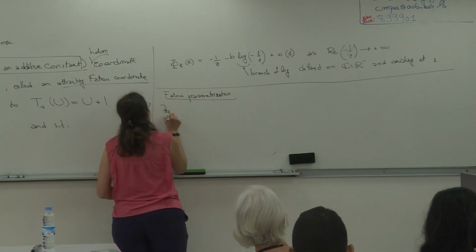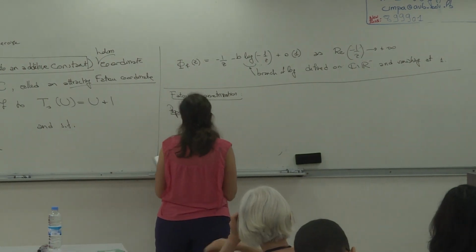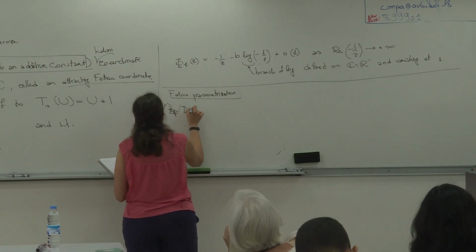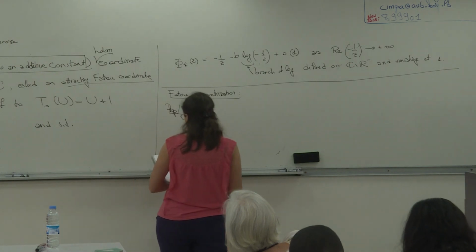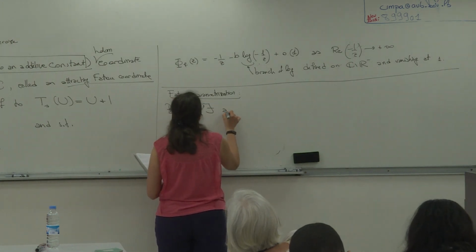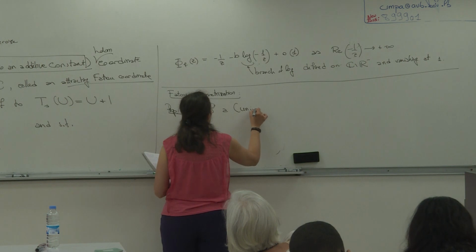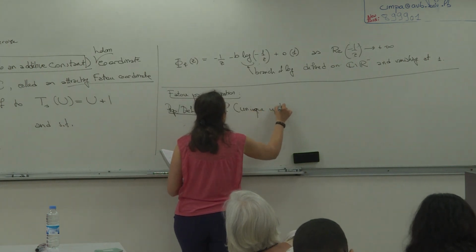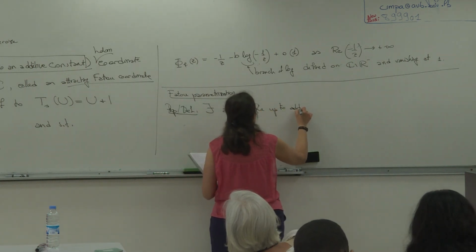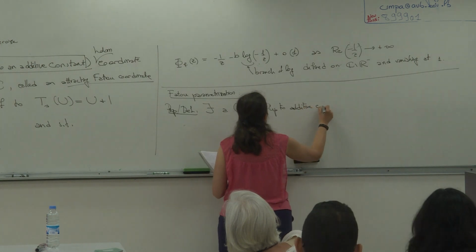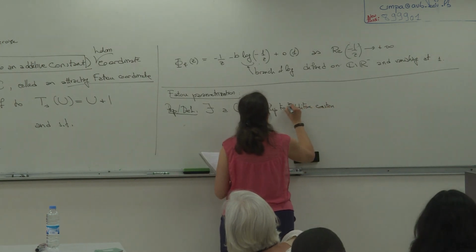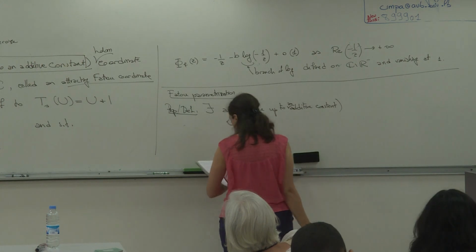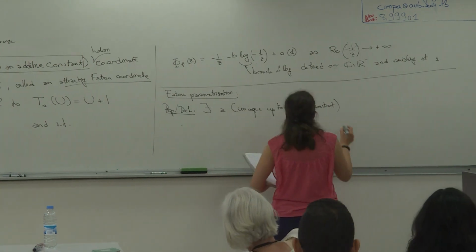So the proposition that we have is the following. Again, it's kind of a definition. And so there exists a, well, again, unique up to additive constants. And that's again an exercise.